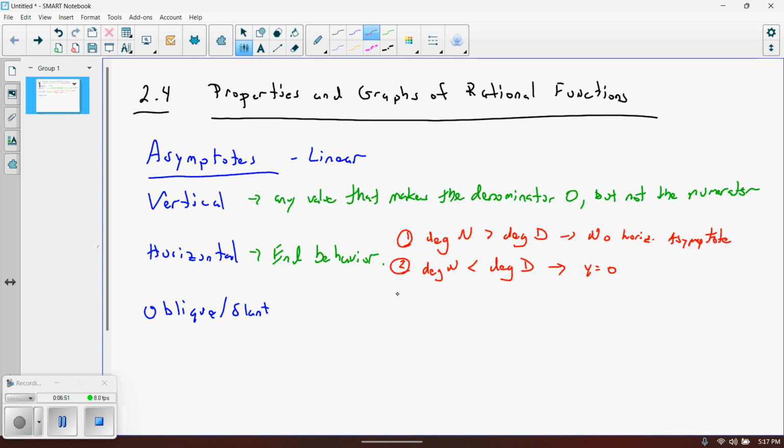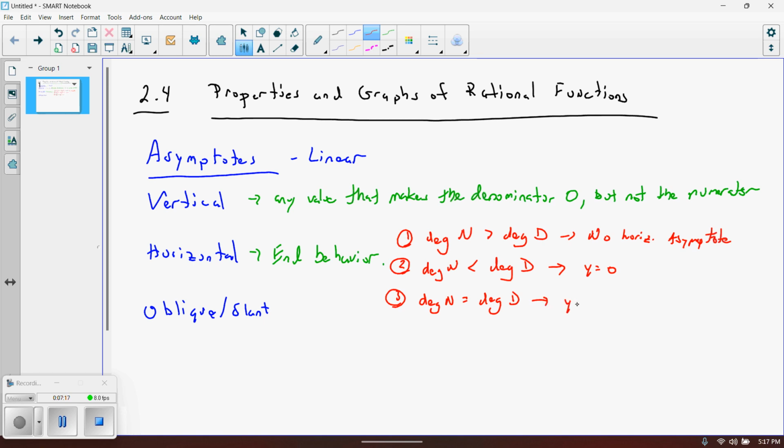And then you have the case where the degree of the numerator equals the degree of the denominator. If this happens, the growth rate of both the numerator and the denominator, as these numbers get really big for x values, is going to basically be the same. So what you do is you actually divide the leading coefficients.